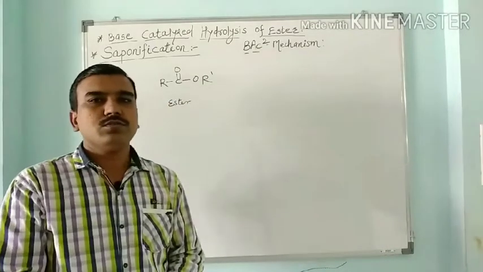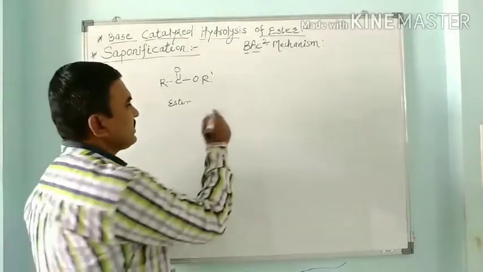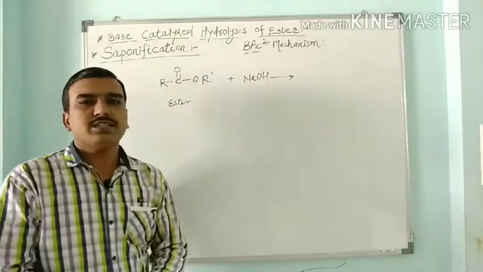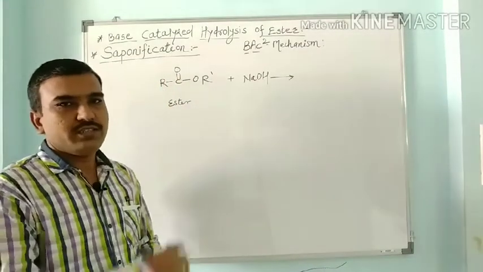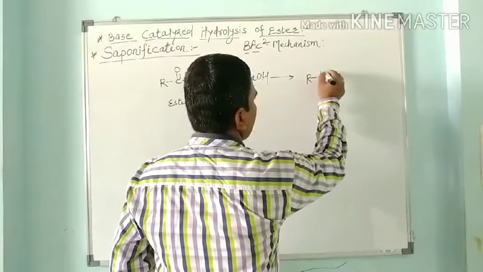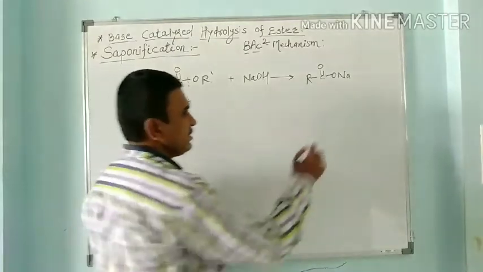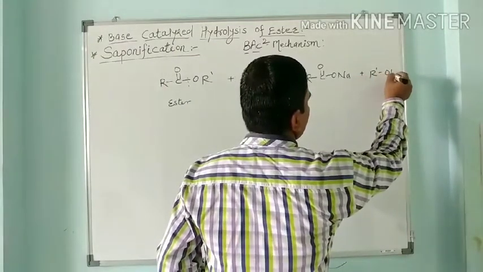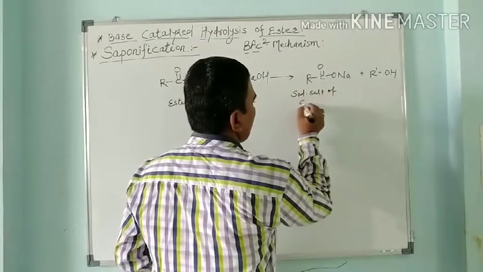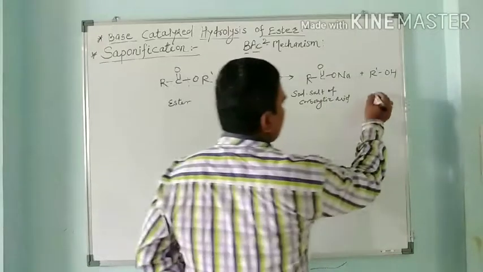When this ester molecule undergoes hydrolysis in presence of sodium hydroxide or potassium hydroxide, or when it is refluxed in aqueous sodium hydroxide or potassium hydroxide, it undergoes cleavage of this bond and gives RCOONa, that is sodium carboxylate, the sodium salt of carboxylic acid, and this is alcohol.